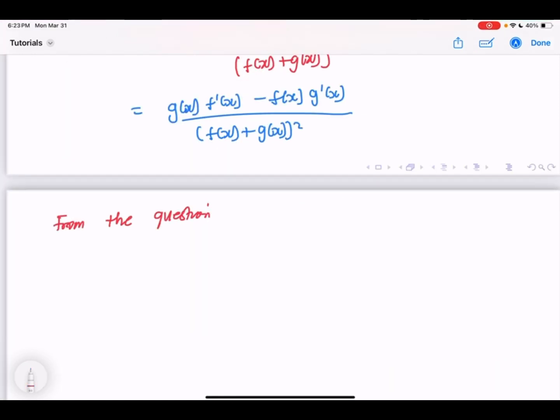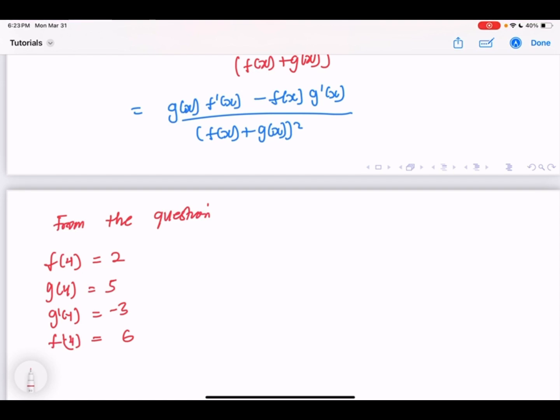So from the question, we have f of 4 to be given as 2, g of 4 to be given as 5, g prime of 4 to be given as minus 3, and f prime of 4 to be given as 6.